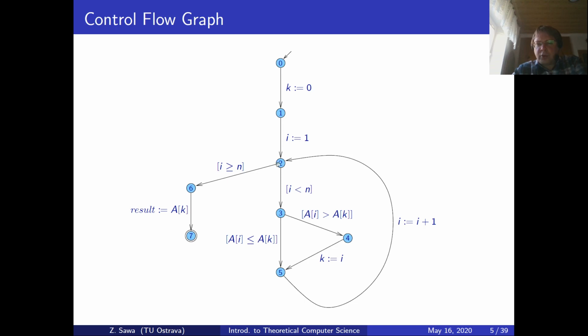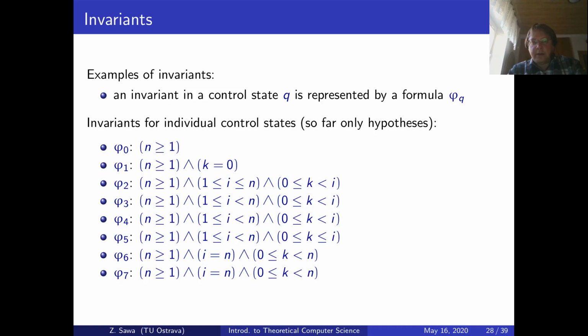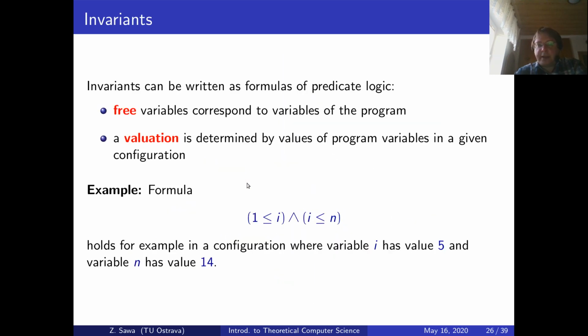So here, one quite probable hypothesis for the value of I is that it is between 1 and n, and it could be equal to 1 and equal to n. By the way, I will use this kind of notation instead of writing it like this. I view it as a shorthand for this.